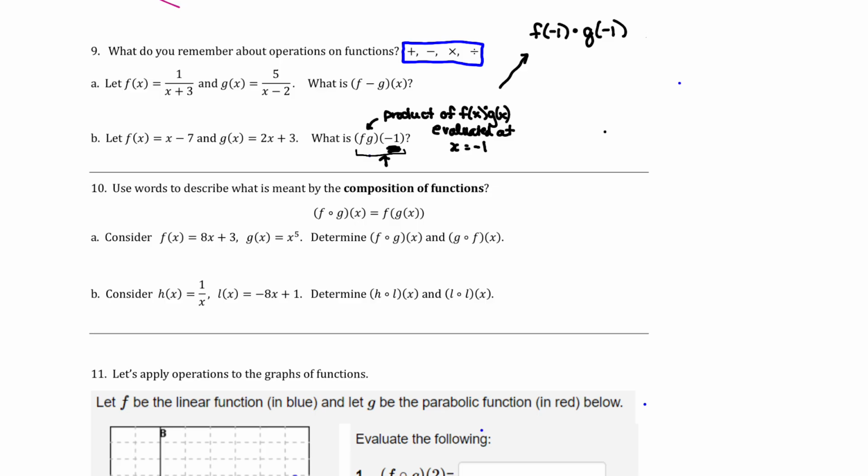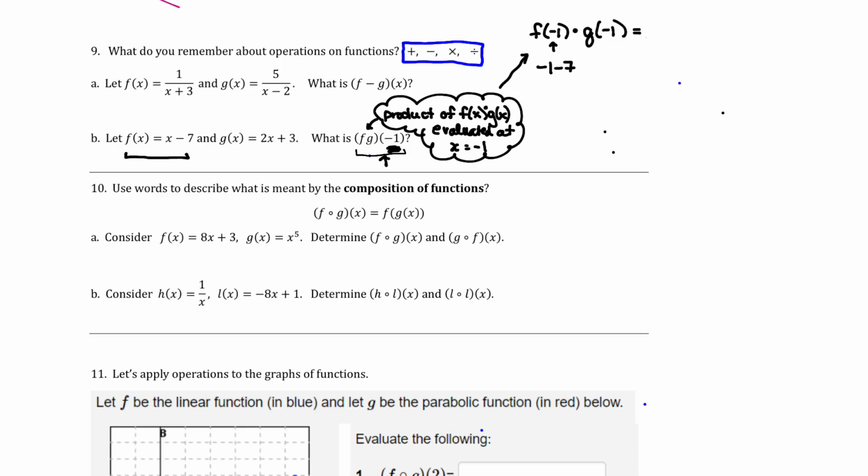So you either find the product f times g, then substitute -1, or you find f of -1 multiplied by g of -1. I'm going to go with this since I already have it started here. And remember, when you're putting that -1, it's not multiplied, it's actually substituted in, right? Plugging in. We're evaluating at -1. So f of -1 is just -1 minus 7.